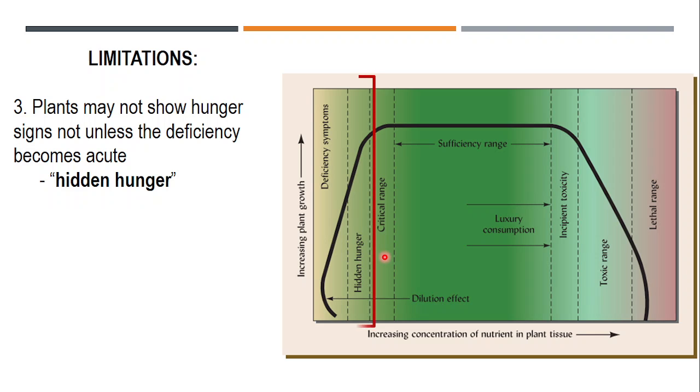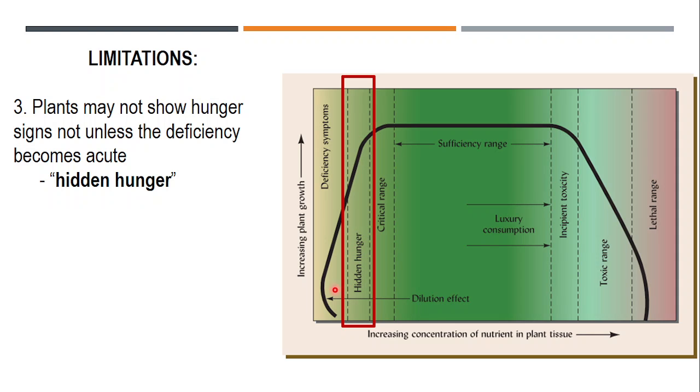Then we have what we call the hidden hunger below the critical range. In here, plant growth is likely to be reduced but no deficiency symptoms are visible. So, the lack of nutrients is not enough for symptoms to occur.